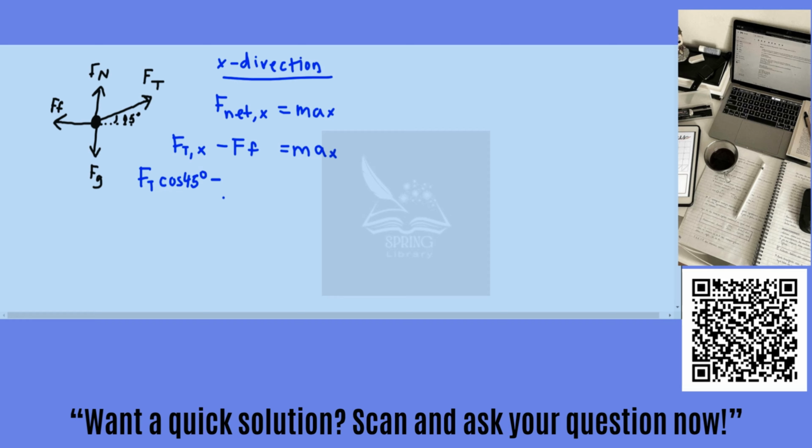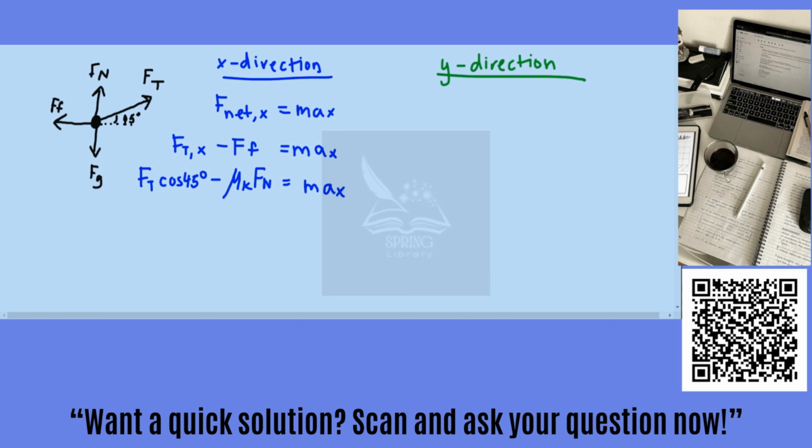And that will be equal to the friction force, which is the coefficient of kinetic friction times the normal force, and that's going to be equal to max. The problem with this equation is, we're looking for ax, but we also don't know Fn, so that's the second unknown here.